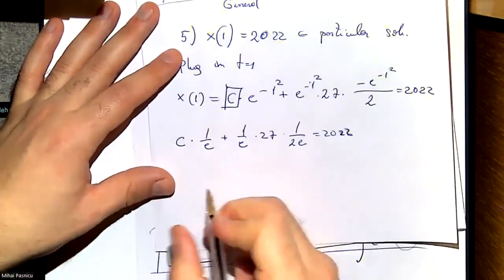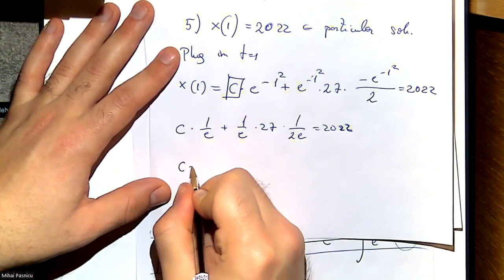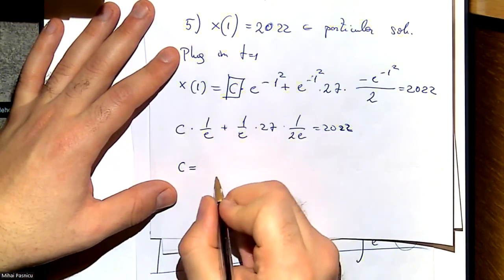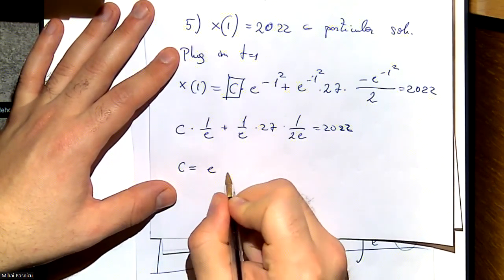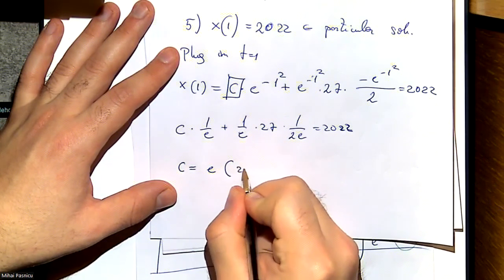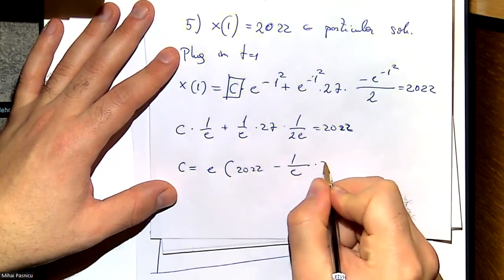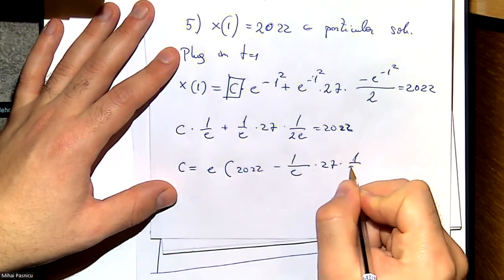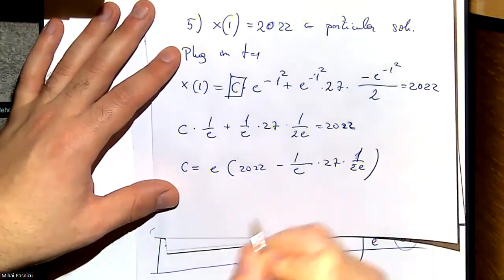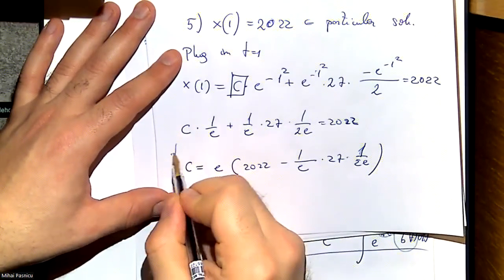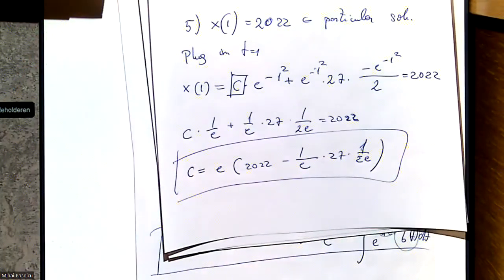And I care so little that I'm actually just going to write it like this. This is just equal to e times 2022 minus this whole thing. I'm literally not going to touch it because I don't really care about it. Okay, I just got c out of here. This is my constant. That makes it all possible.